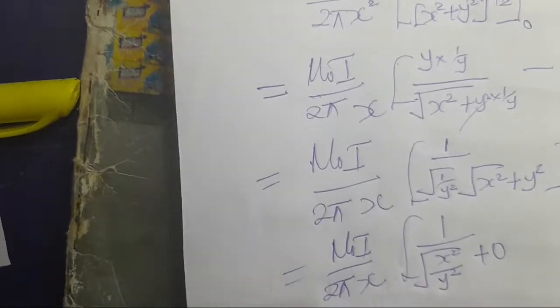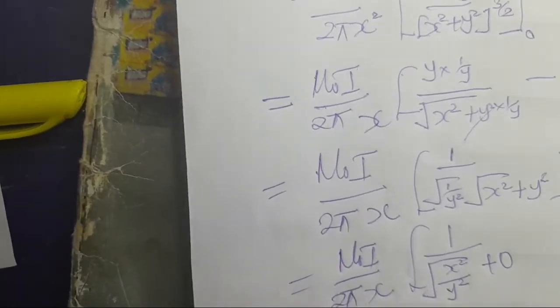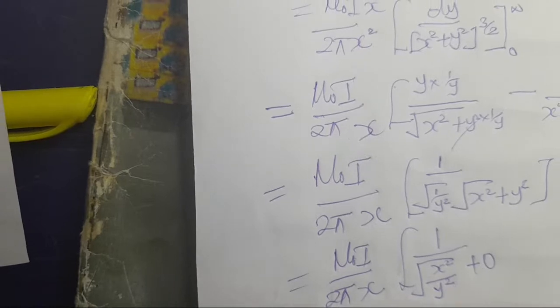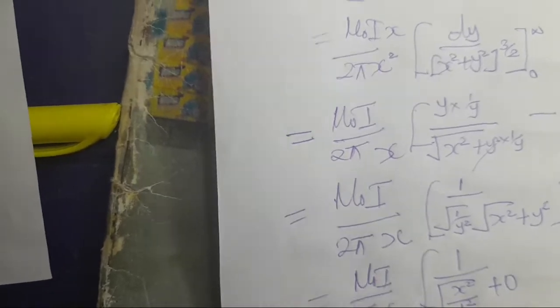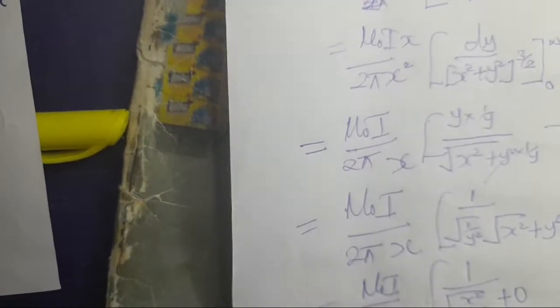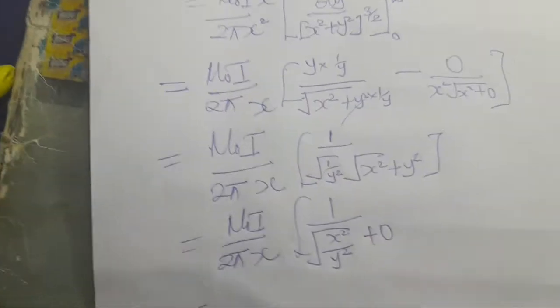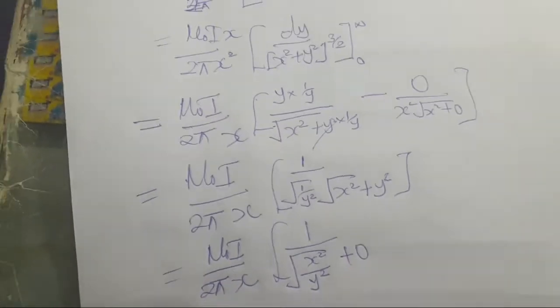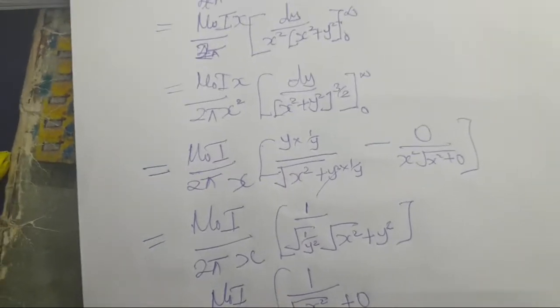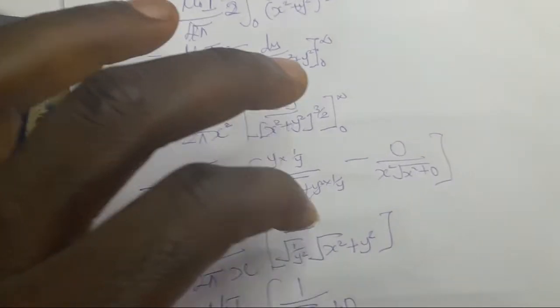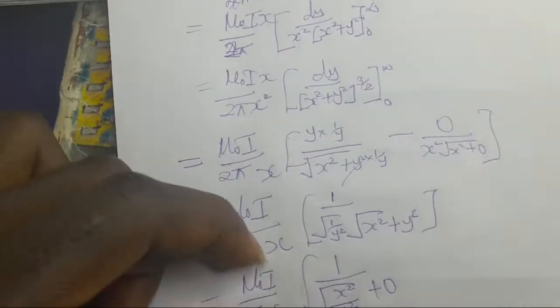So in this place, what are we going to have from here? When everything here goes to infinity, of course, when you substitute everything here to become infinity, here all becomes 1. Everything becomes 1. So what do we have?